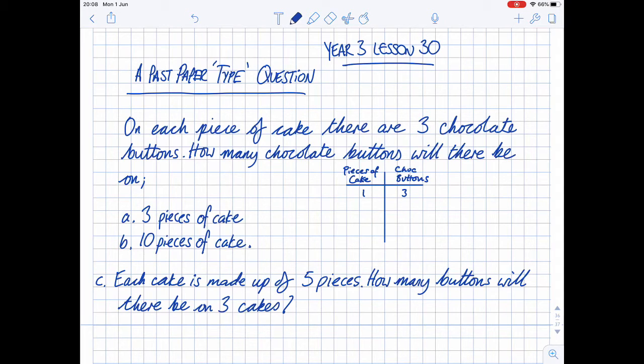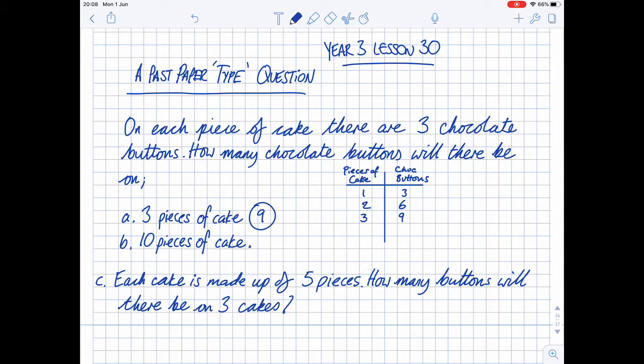So we needed to get down to here. 2 pieces of cake is 6, isn't it? 3 add 3, or 3 times 2, the pieces of cake. And then if we got 3 pieces of cake, it will be 9 buttons. Yep, because I can do pieces of cake multiplied by 3, because that's how many buttons are on each slice or piece of cake. So how many chocolate buttons? It would be 9 for that one.